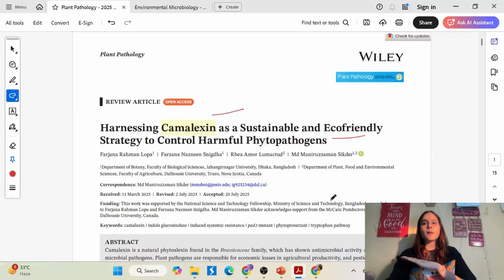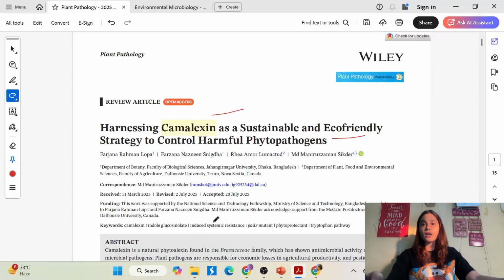They have mentioned in detail about this phytoalexin, and they have stated how camalexin has different roles in controlling several phytopathogens, including bacteria, fungus, and virus. They have documented every organism.